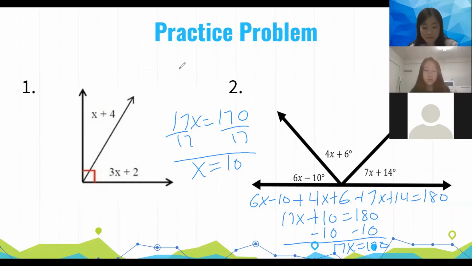So 6 times 10 is 60, minus 10 would be 50 for that one. 4 times 10 is 40, plus 6, 46 for the middle one. 84 for the third one. Yes.